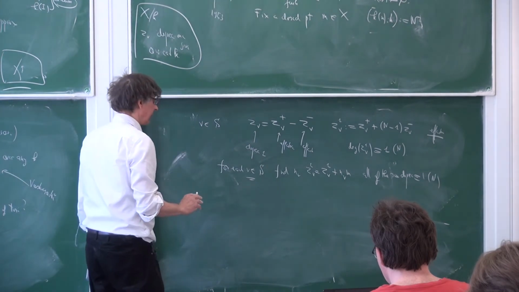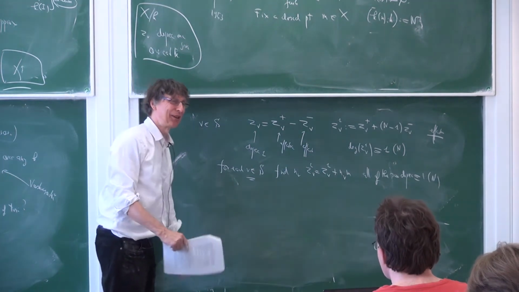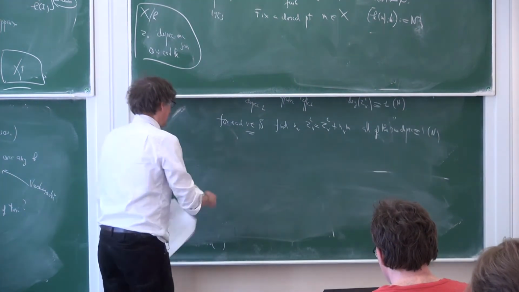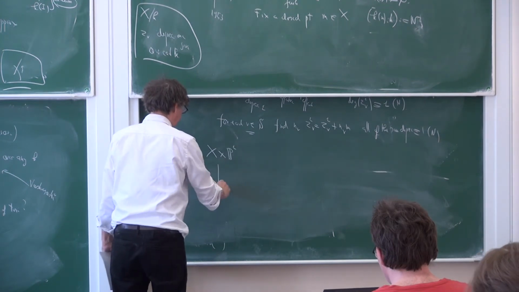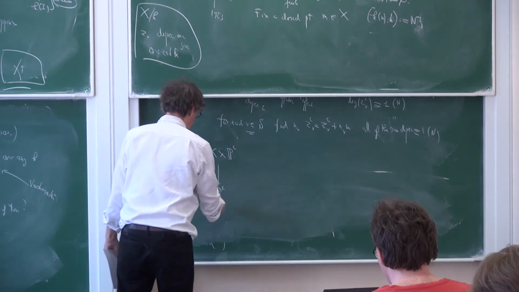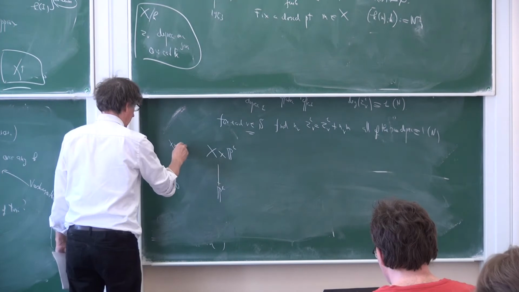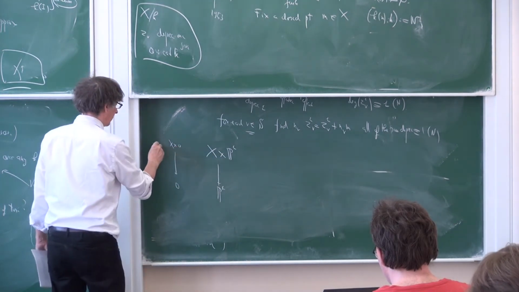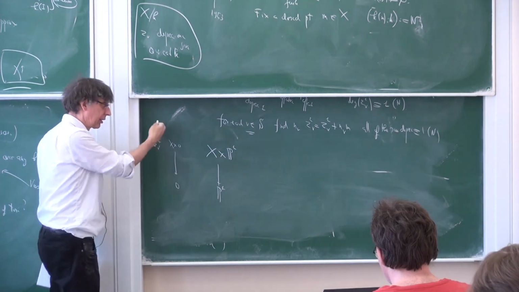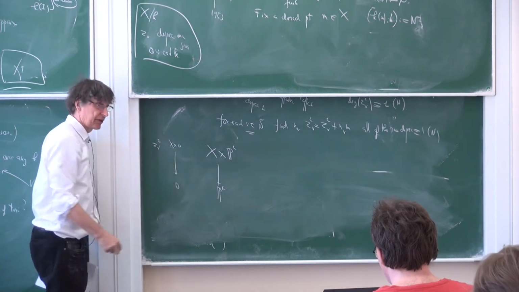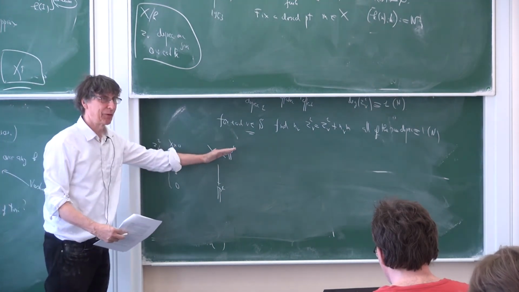And now here's the trick. You replace X by X cross P^1, and you have the fibration to P^1. On X cross 0, we have this Z_v^2, some zero cycle of whatever degree. You cannot move it in X cross 0, but you can move it in X cross P^1.